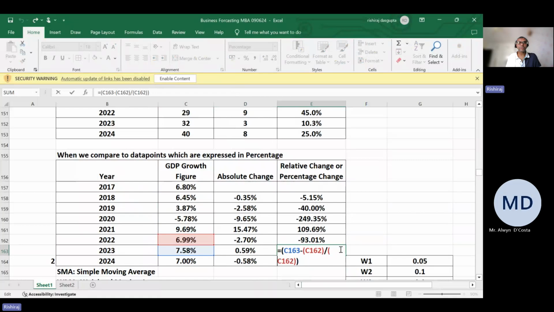It is a drop. Why is this coming as minus?